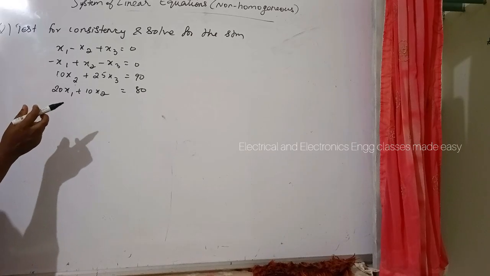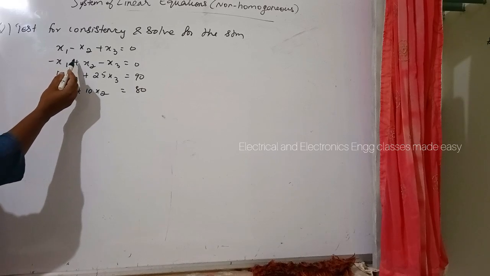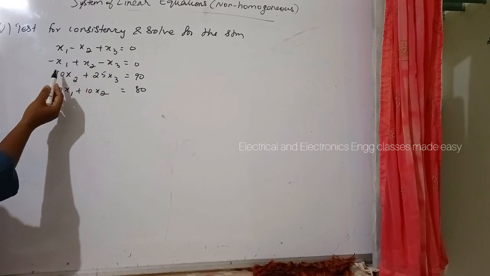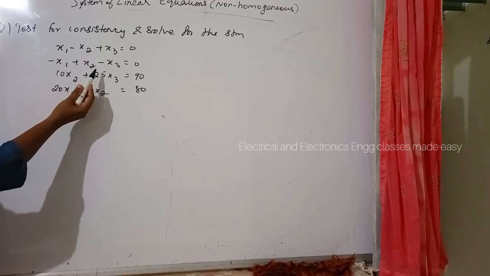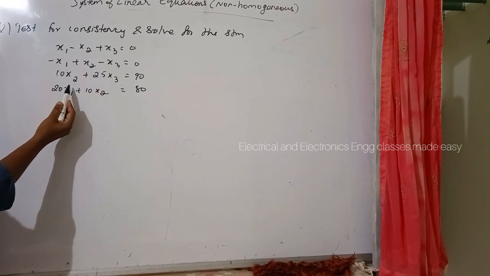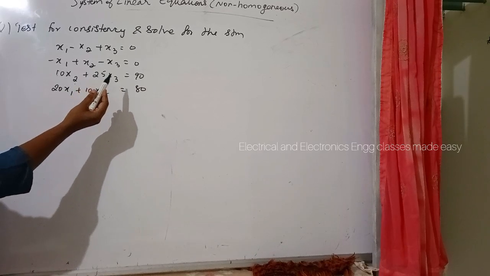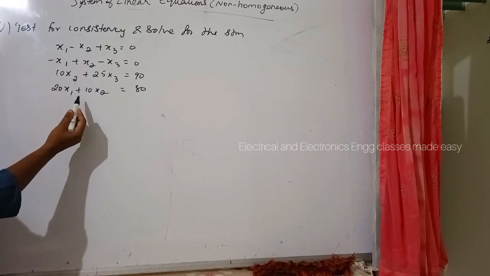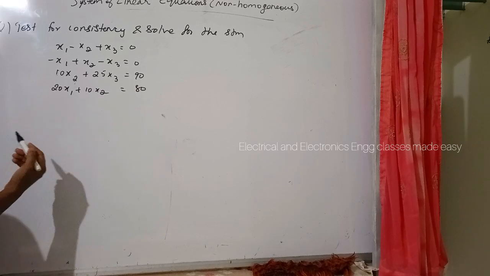Test for consistency and solve for the system x1 minus x2 plus x3 equal to 0, minus x1 plus x2 minus x3 equal to 0, 10x2 plus 25x3 equal to 90, 20x1 plus 10x2 equal to 80.